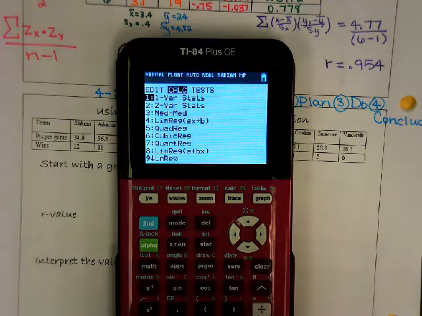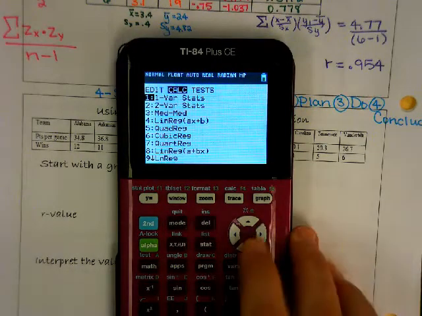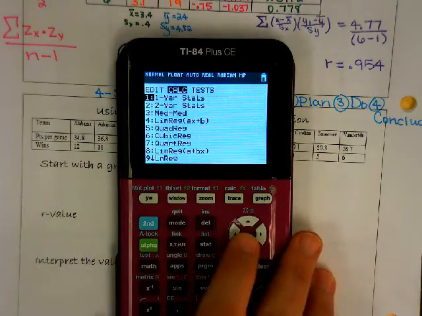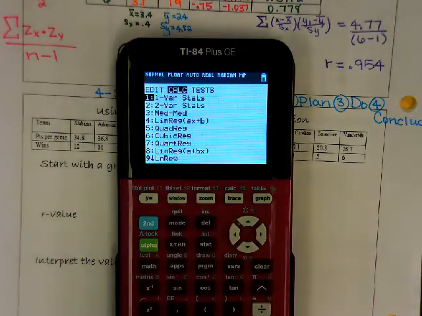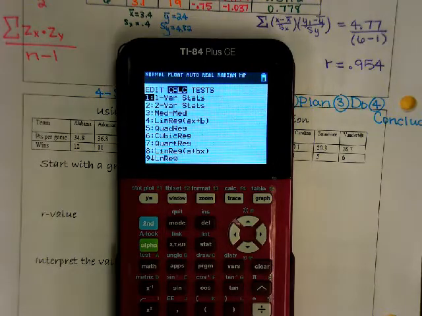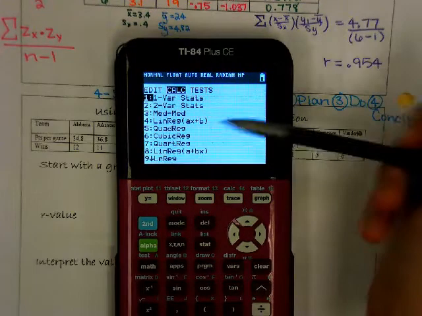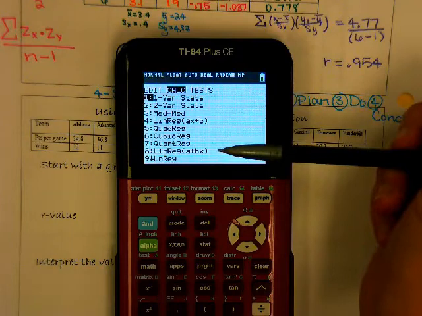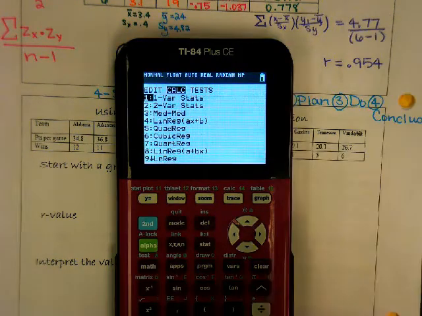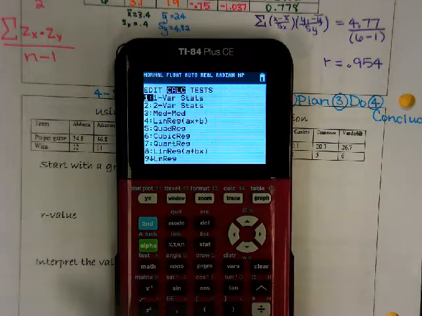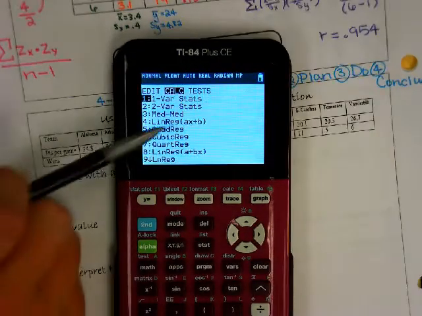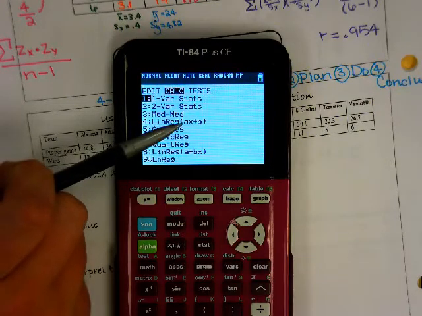Now, the calculator, I honestly have no clue why, but number 4 and number 8 are the exact same thing. Notice it says lin reg. That means we're doing linear regression. Here with 4, it's ax plus b, so you have your slope times your x plus your y-intercept. Here you have your y-intercept plus your slope times your x.